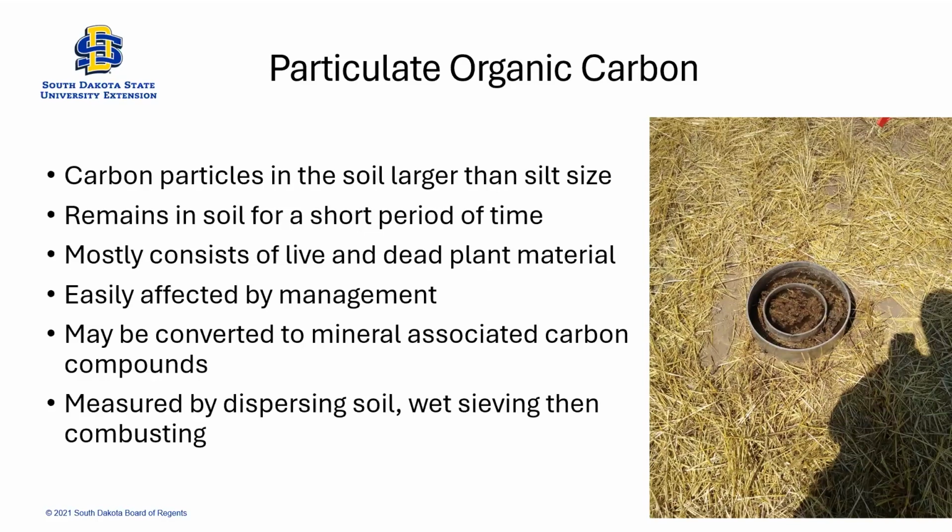And in soil health, they've been measuring this frequently because if you have rotations that do not return much carbon to the system, this property should change more rapidly than a measurement such as soil organic carbon, because the wheat or corn or soybean residue doesn't remain in the soil for a very long period of time, whereas the humic and fulvic acids remain in the soil for a long period of time.